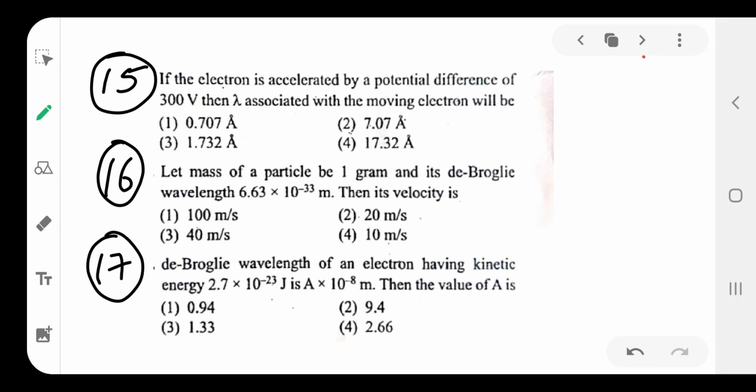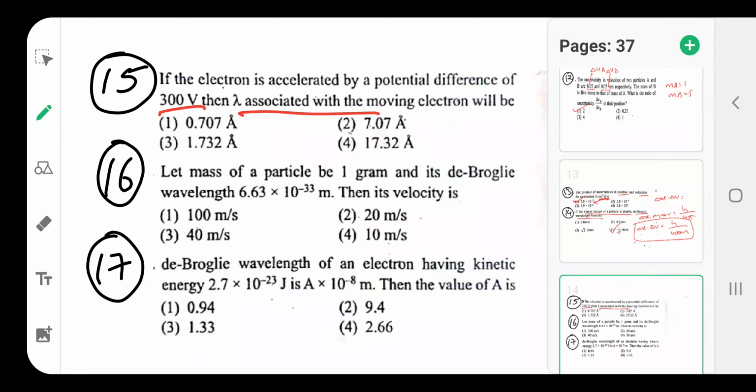Then the next one is question number 15. If an electron is accelerated by a potential difference of 300 V, then the wavelength associated with the moving electron will be? The potential difference is given as 300 V, and you have to find the wavelength.